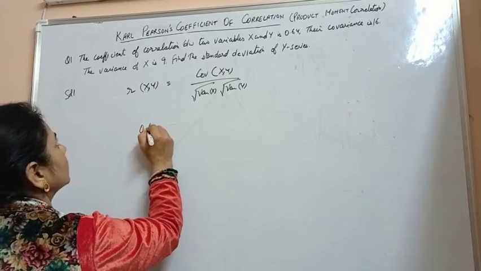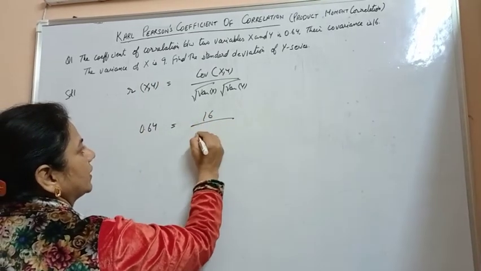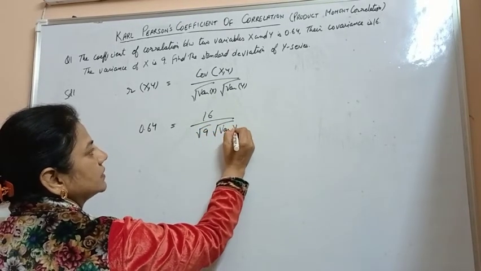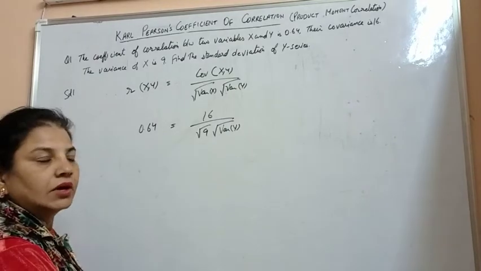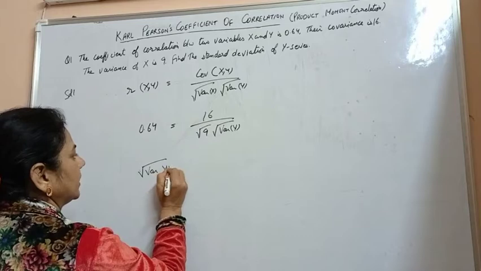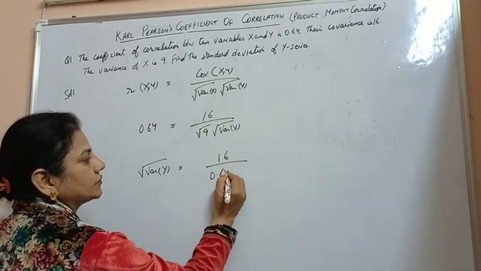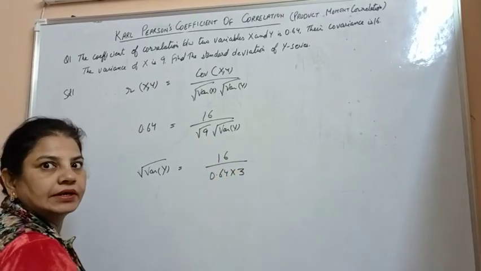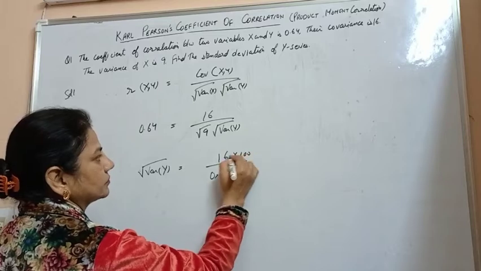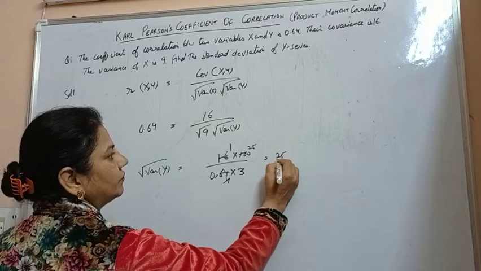Now substitute the values given to us. The coefficient of correlation is 0.64, which is equal to 16 divided by under root 9 into under root variance y. To calculate this, just cross multiply. You will get 16 divided by 0.64 into 3, as the square root of 9 is 3. On calculating, we get 25 by 3.